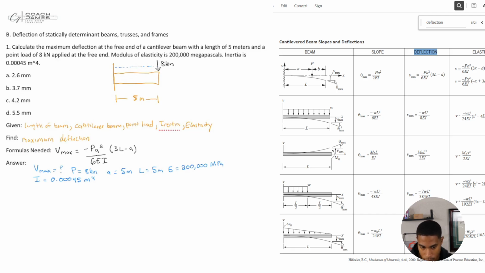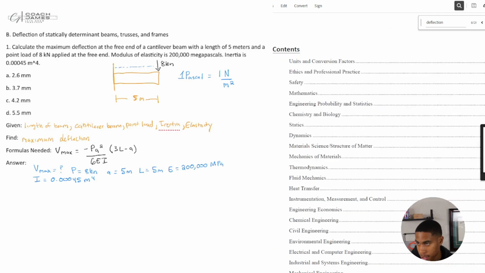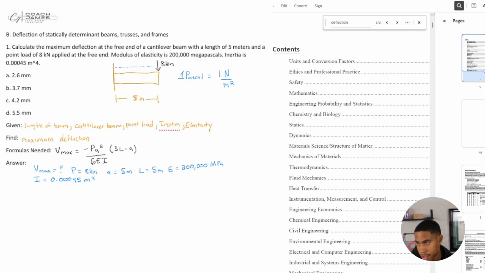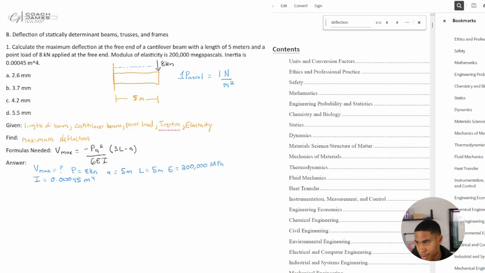All right. So one key thing to note is that 1 Pascal is equal to 1 Newton over meter squared. How do I know that? Well, don't just take me at my word, because maybe I'm lying, right? Could be lying.